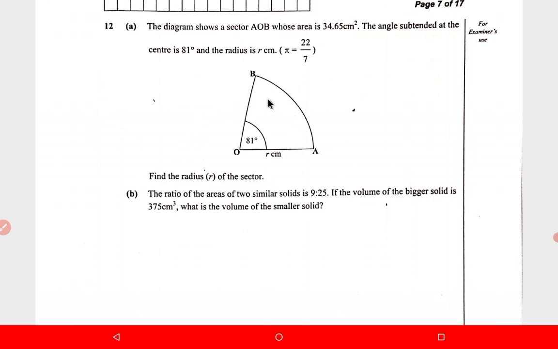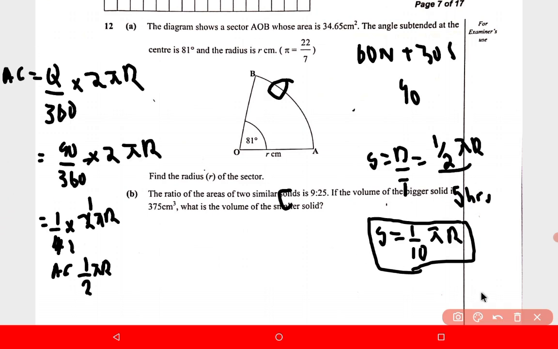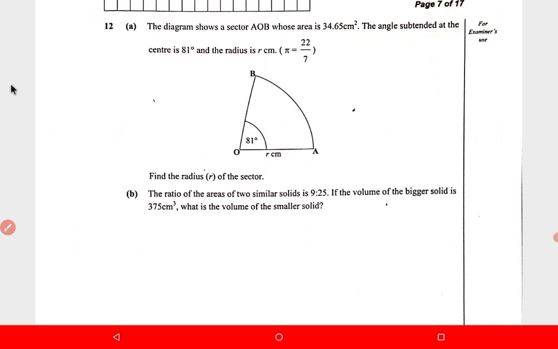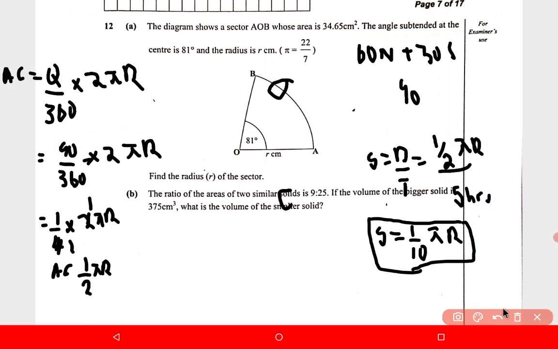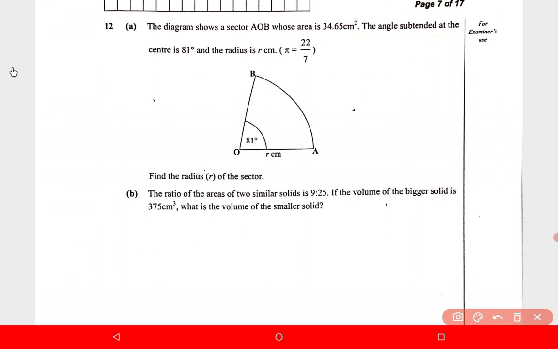So for this one, a sector, you've been given an area. So area of a sector, we can use the formula here. We say that area of a sector is equal to theta over 360 times pi r squared. They want us to find r.